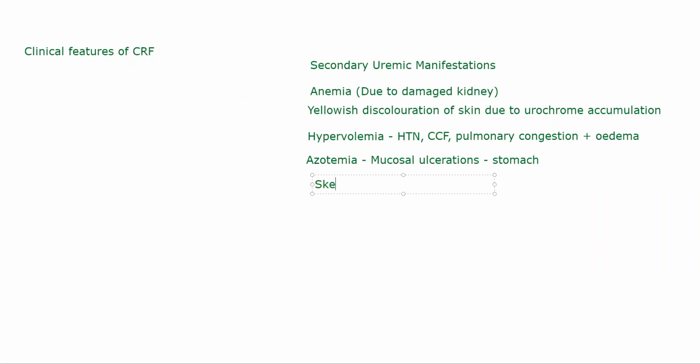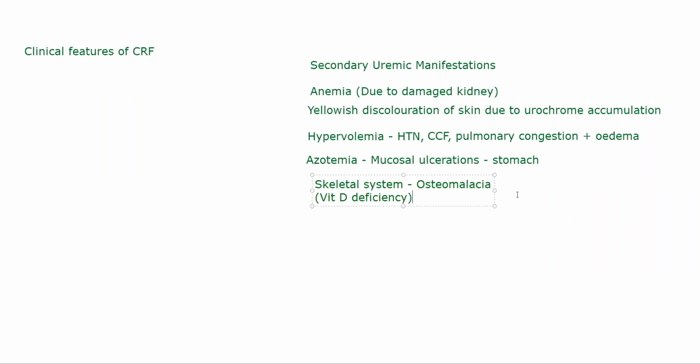So in the skeletal system, rather than skeletal muscle, sorry, the patient will have osteomalacia because of vitamin D deficiency. As this progresses, osteitis fibrosa will occur.